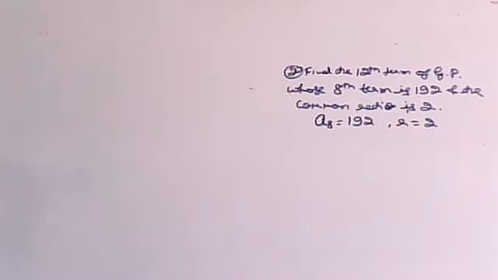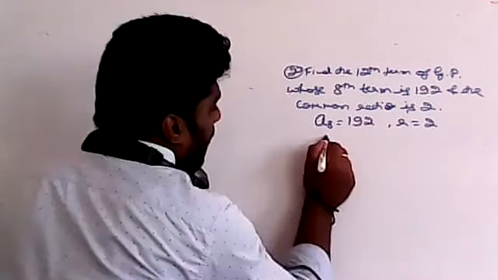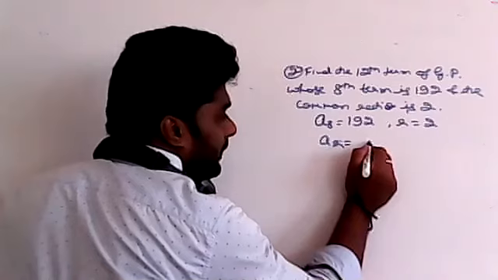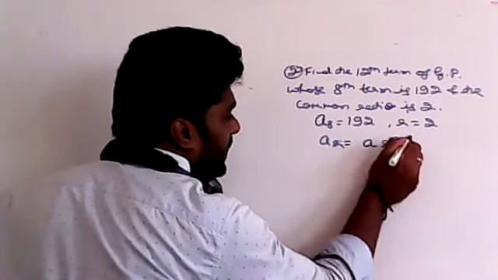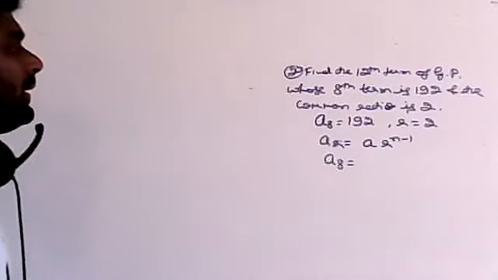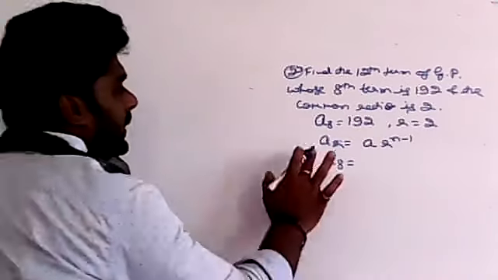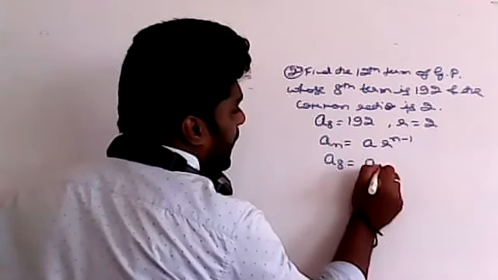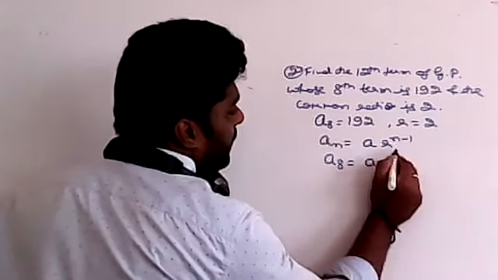Okay, so they asked for the 12th term. How will we find the 12th term? The formula is An equals A into R to the power of n minus 1. Then A8 is equal to A into R to the power of 8 minus 1, which is 7.